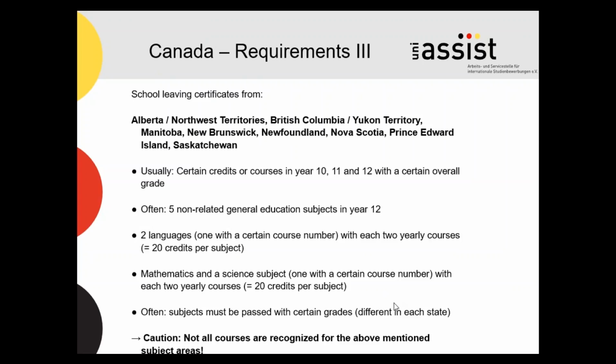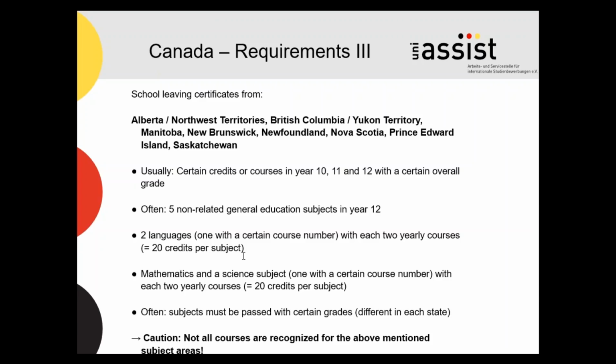And now let me tell you some important information concerning certificates from other areas, other provinces. Generally, all of the certificates have different requirements, but there are some common points.